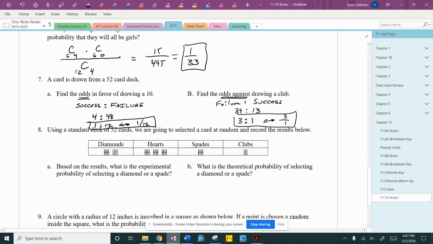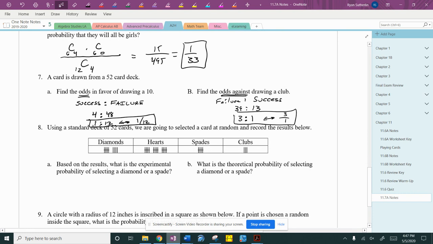Number 8. Using a standard deck of 52 cards, we're going to select a card at random, recorded in the results below. So we drew cards, and this is what happened. Based on the results, what is the experimental probability of drawing a diamond or a spade?